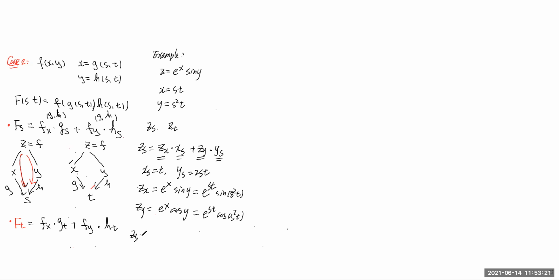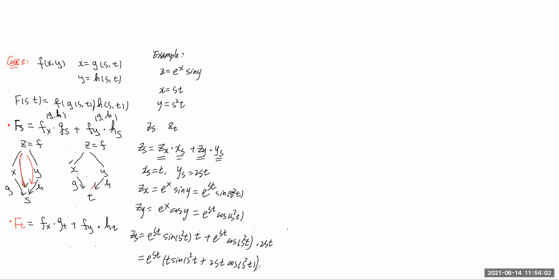Finally, z_s is e^(st) sin(s squared t) times t plus e^(st) cos(s squared t) times 2st, where you can write it better: e^(st) sin(s squared t) t plus 2st cos(s squared t), right?